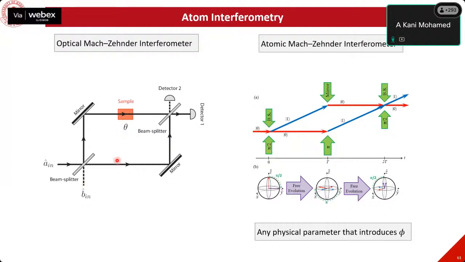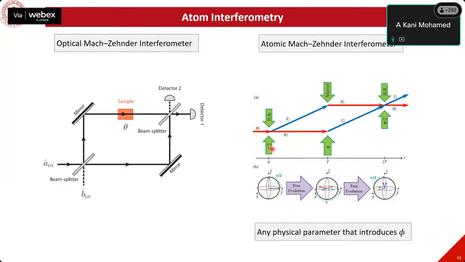Here also the coherence is very important in order to observe the interference pattern. So still they are traveling in different directions, but the coherent superposition between the two beams is kept as it is. So next, we have to use mirrors to change the directions in order to recombine the two beams to observe the interference pattern.